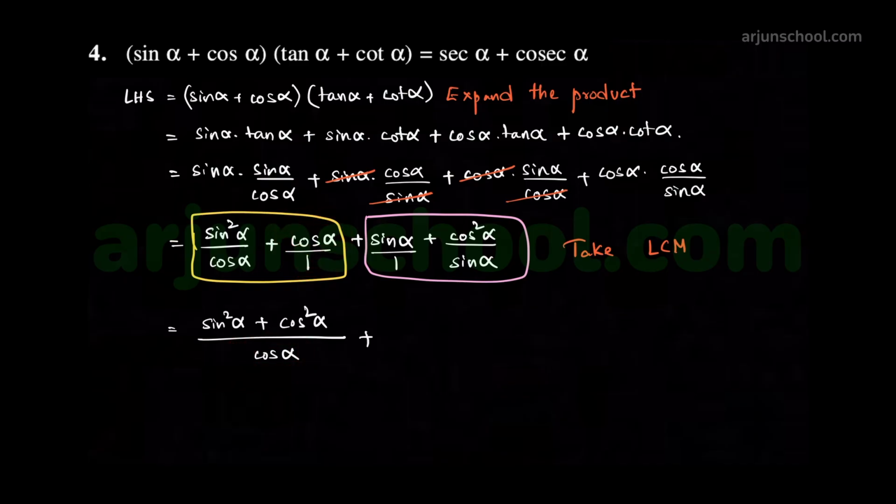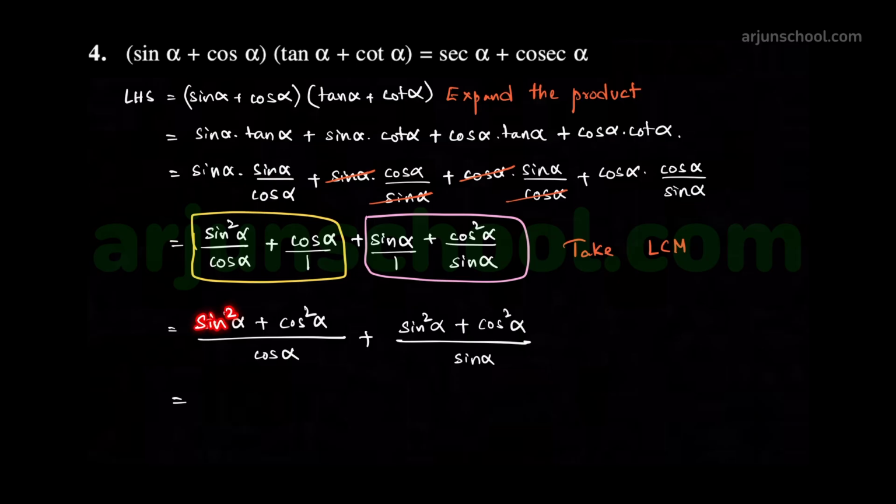Plus, in the last two terms we can take sin alpha as the LCM. 1 is common, so sin alpha into sin alpha, sin square alpha plus cos square alpha.